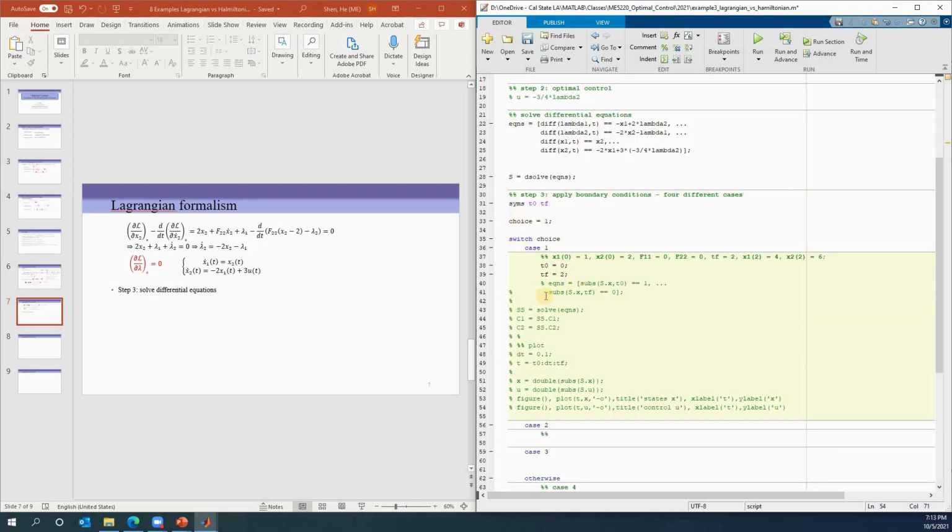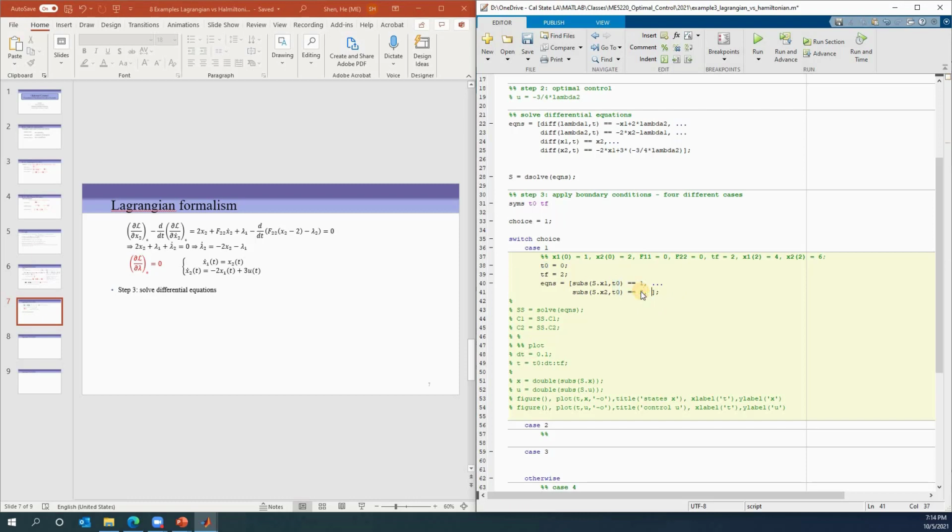So let's look at how we revise that. So the first equation, we have subs x1 at time t0 is equal to 1. That is given. Perfect. And the second equation, we're going to substitute x2 at time t0 is equal to 2.